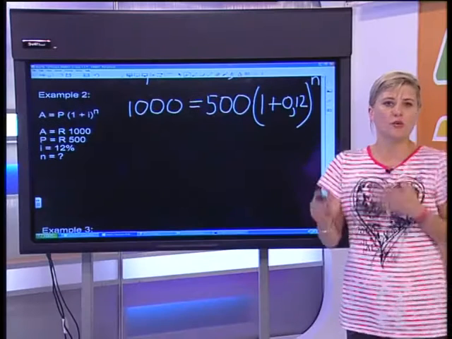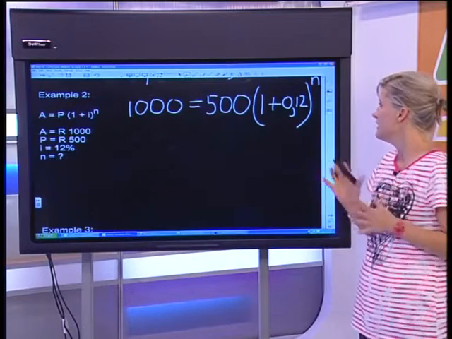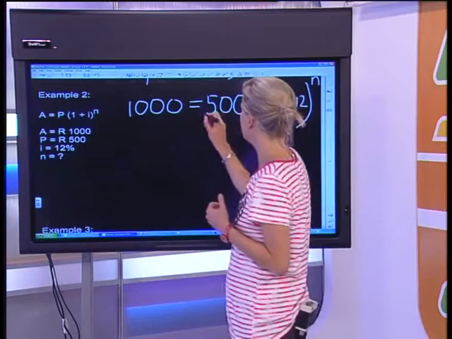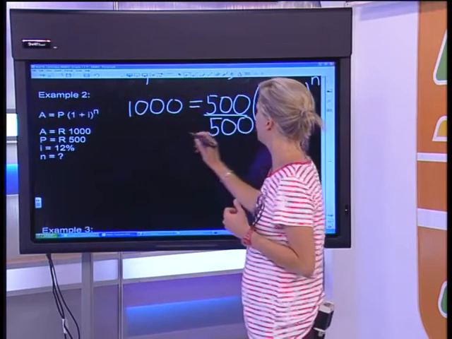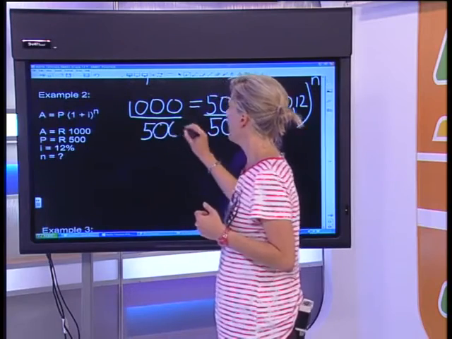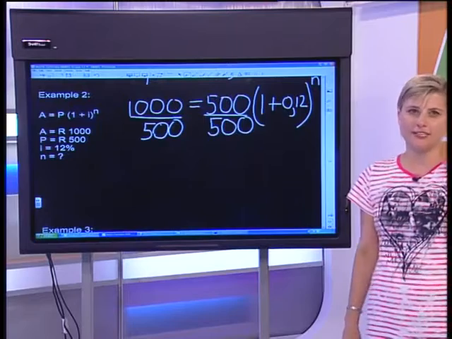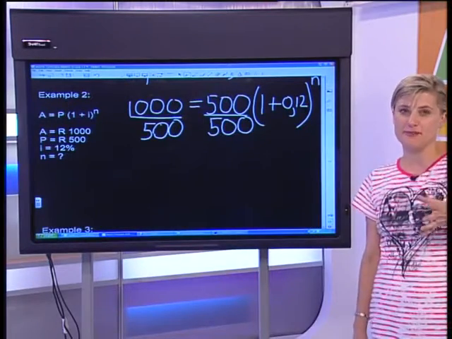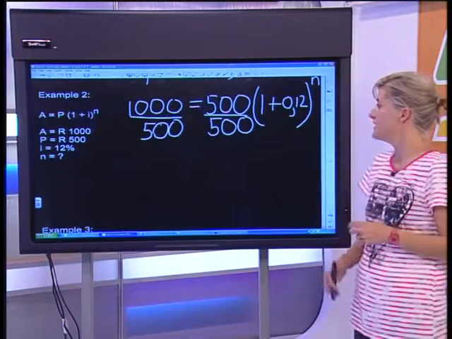Okay. So once again, I'm going to manipulate this expression a little bit so that I at least have the same things on the same side. So similar to what I did just now, let's divide by 500 on both sides. And in fact, boys and girls, a bit of a warning here. This is something that I sometimes see at school or when I'm marking matric papers, and maths teachers find it very, very upsetting.